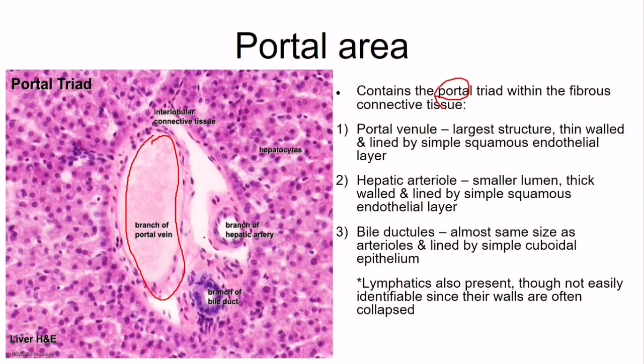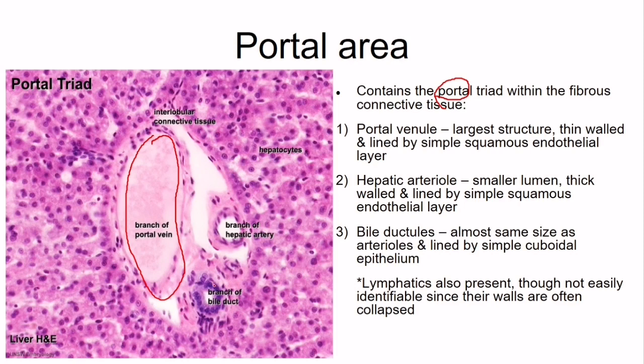It can be distinguished from the rest of these structures in that it has a more regular lumen and it has a distinct tunica media here. Remember, with blood vessels, arteries are distinguished by a well-developed tunica media. Okay, and this one is also lined by an endothelial cell lining of simple squamous cells.